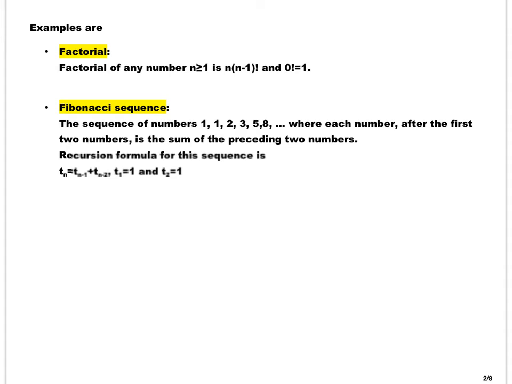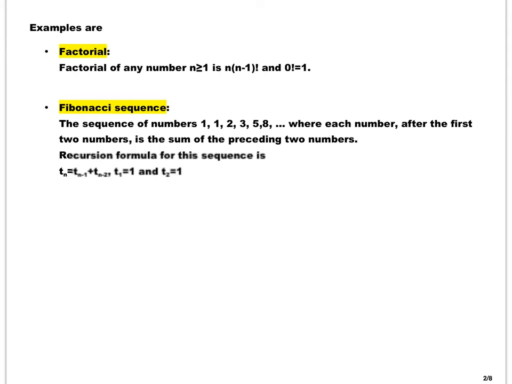The next example is Fibonacci sequences. A Fibonacci sequence, exactly like the first example I gave you, is a series of numbers where each number is the sum of the two previous numbers. Now, the only difference between this example and the first one I gave you is the starting point here.